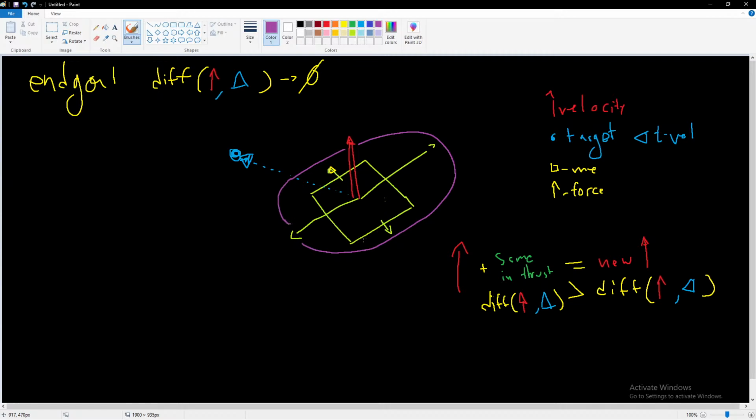Okay, so this is kind of our force map, right?